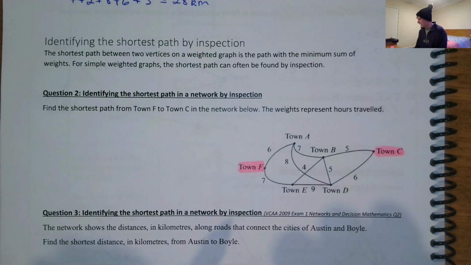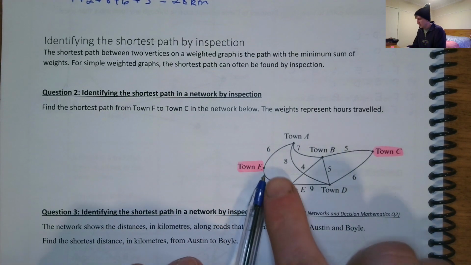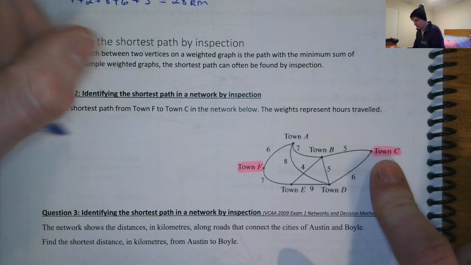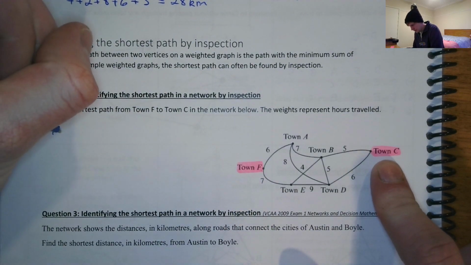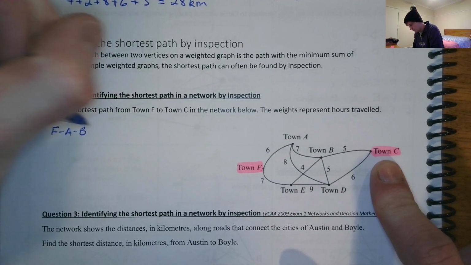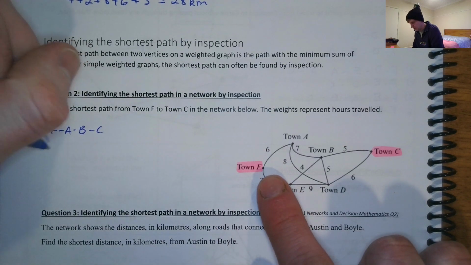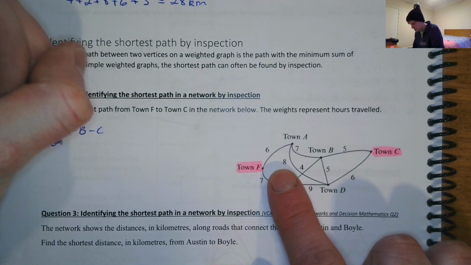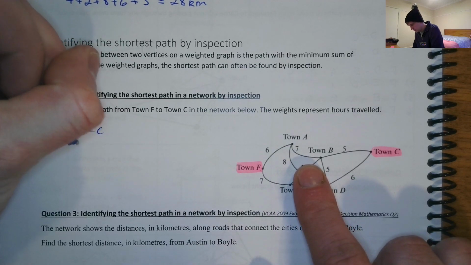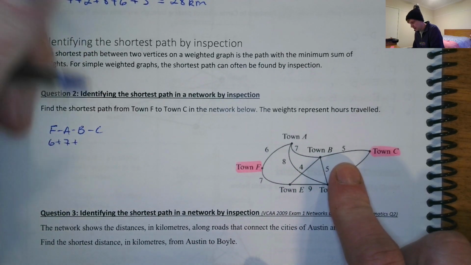So maybe you start with one that's like F, A, B, C, right? So we might write that as F, A, B, C, right? And we can then apply the values to it. So that would be 6 plus 7 plus 5.